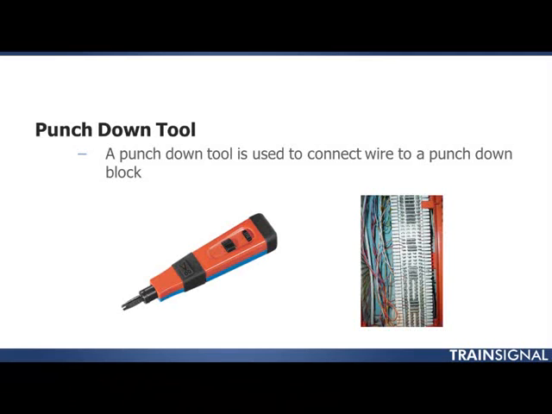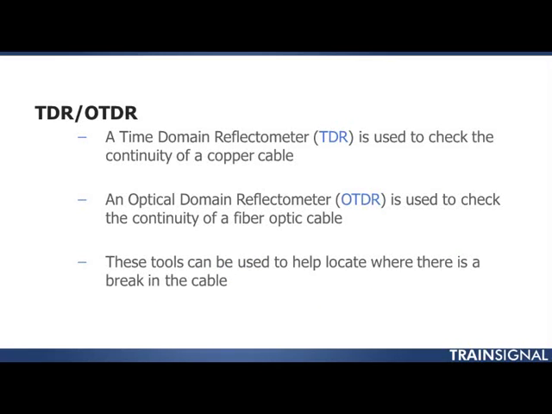Next, we have a TDR, which stands for Time Domain Reflectometer, or I always like to call it the reflectometer. However you want to pronounce it, a TDR is used to check the continuity of a copper cable.